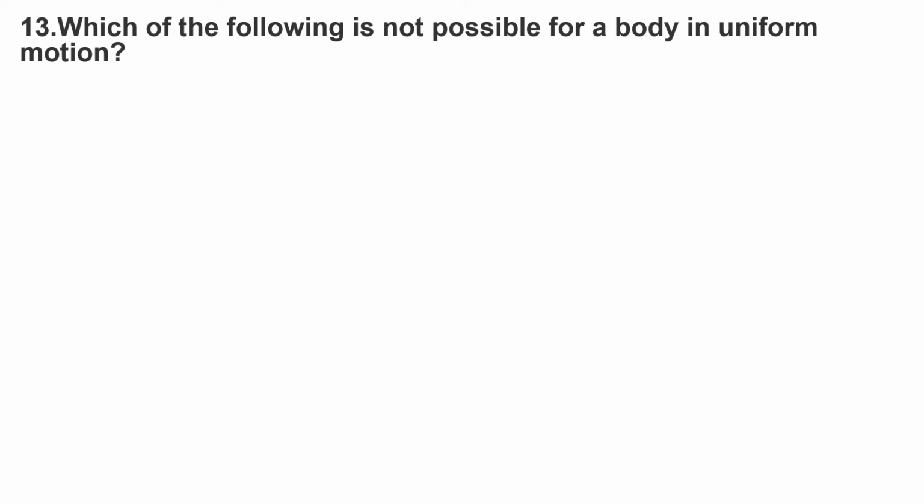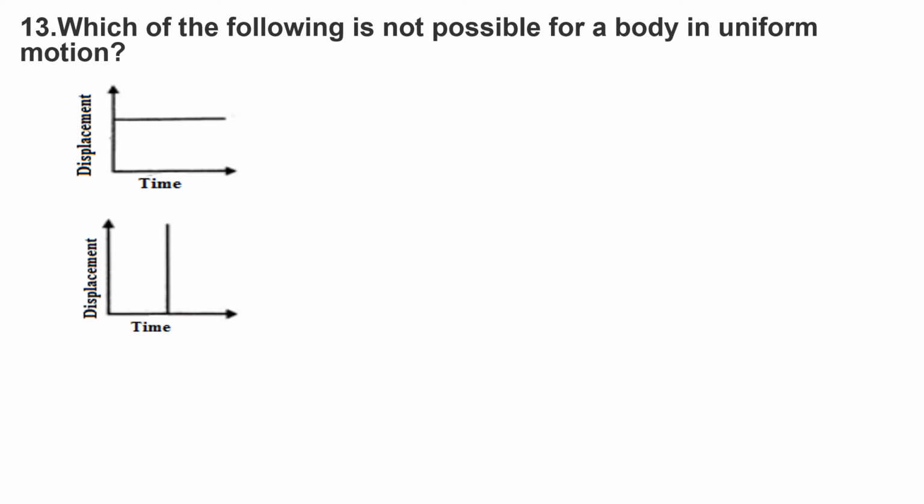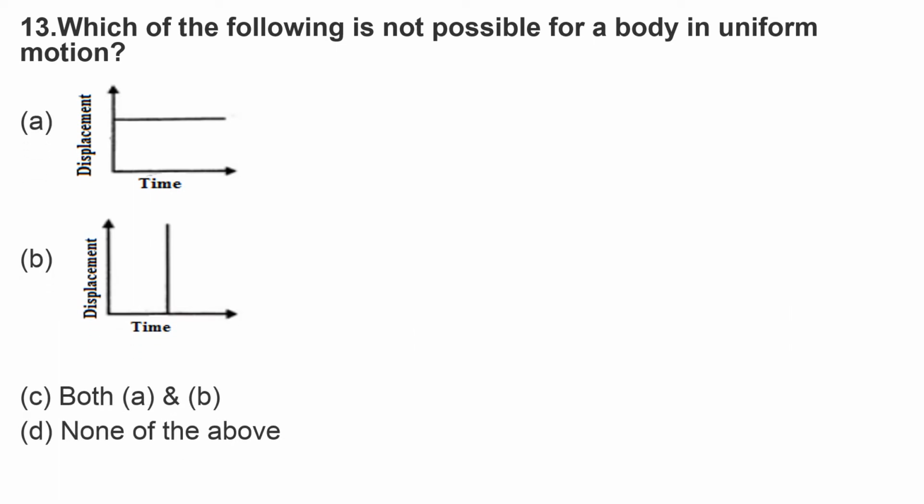13th question. Which of the following is not possible for a body in uniform motion. Options are, option A, graph of displacement versus time, where the line is straight and parallel to the time axis.